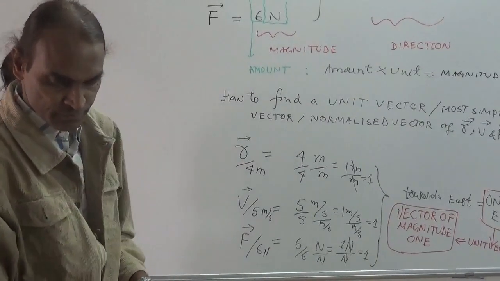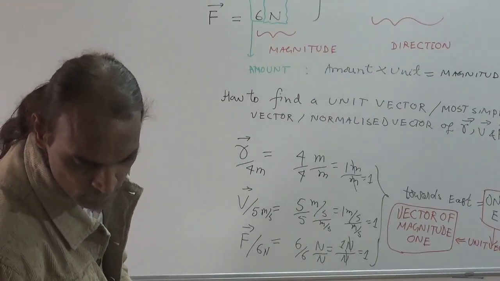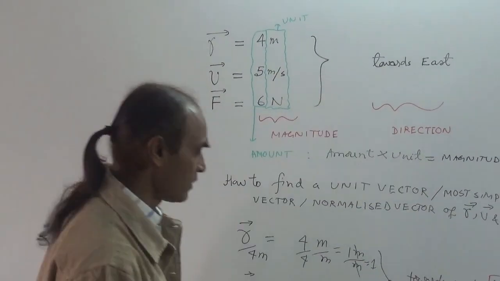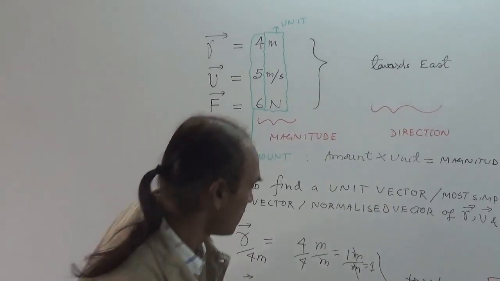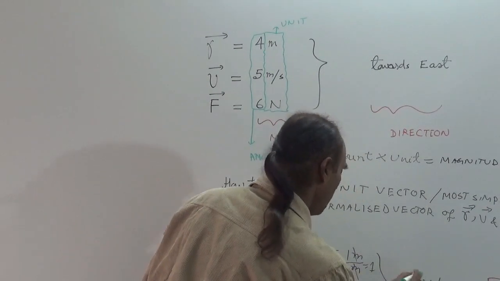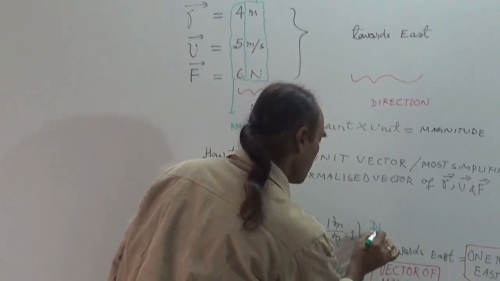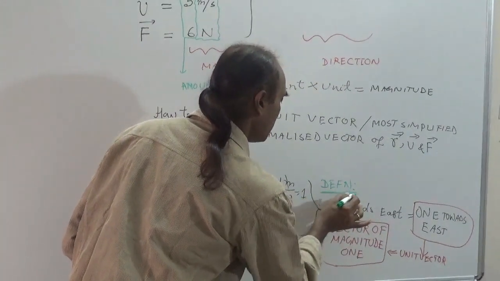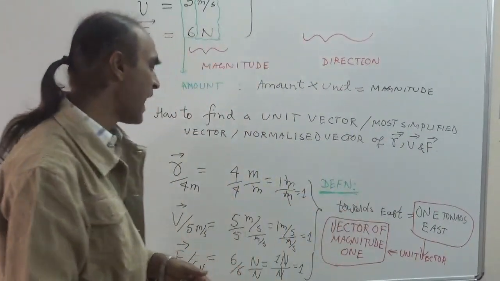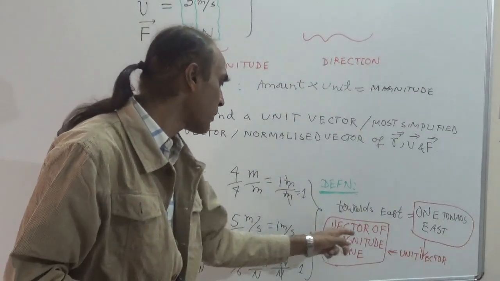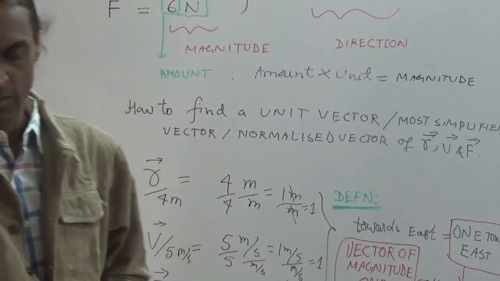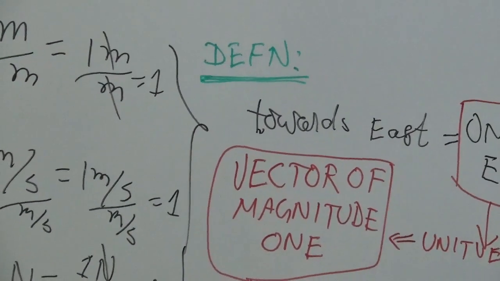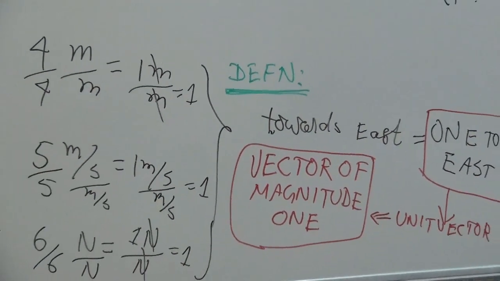So this is the definition of a unit vector: the vector of magnitude 1, but it has no unit, it has no dimension, only the direction part.